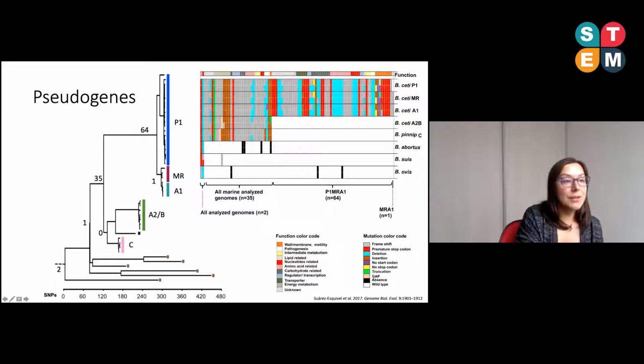So for example, here, this gene that has a function associated with wall membrane and motility is a pseudogene, and the cause is the same for all of the isolates. It was a frame shift. And that's the description for the pseudogenes that we were finding in the analysis.